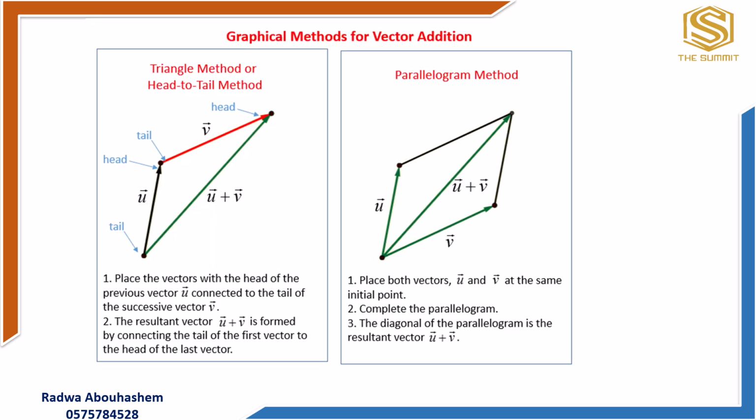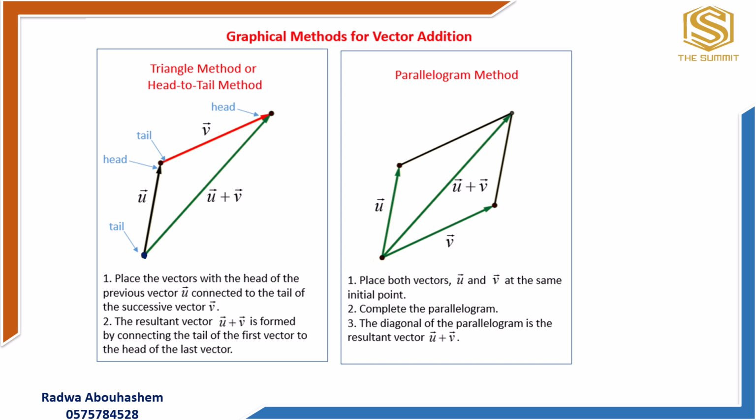Now, if we have one or more vectors and we need the resultant vector, we have two ways to do the vector addition: the triangle method or the parallelogram method. Let me explain the triangle method. Here is vector u.